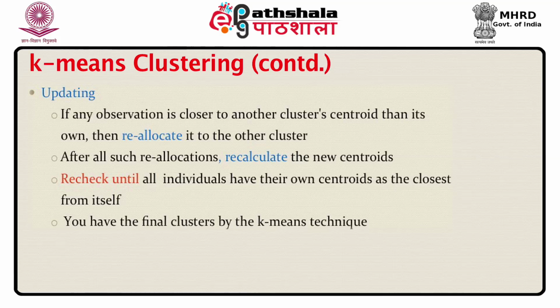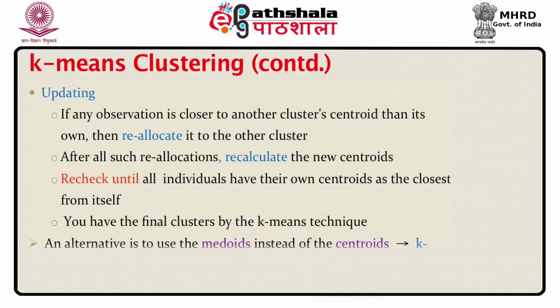Again do the reallocation. Recheck this until all individuals have their own centroids as the closest from itself. And now we have the final clusters by the k-means technique. So we have been able to segregate the n members into k distinct clusters with k distinct nuclei.